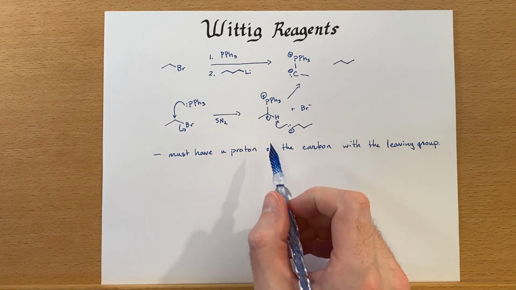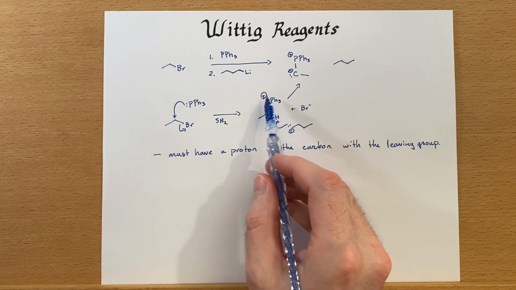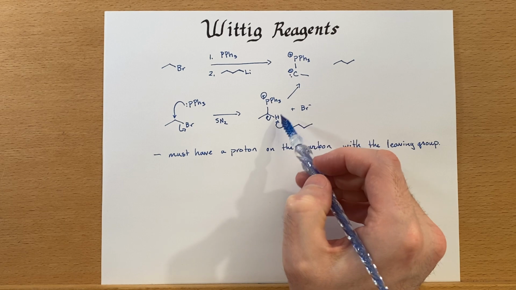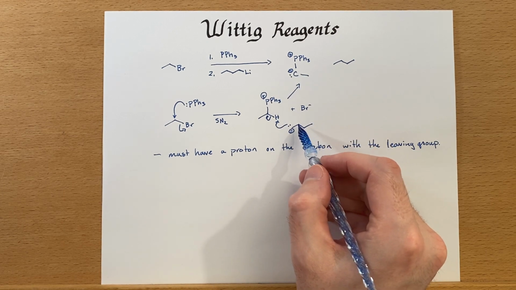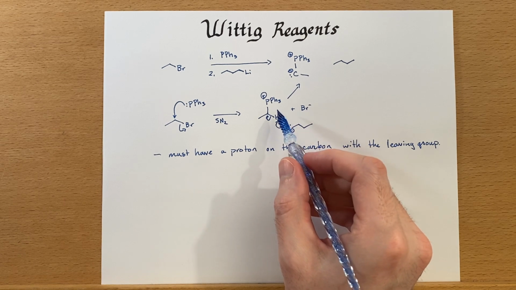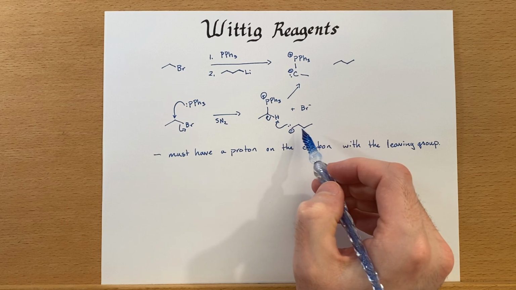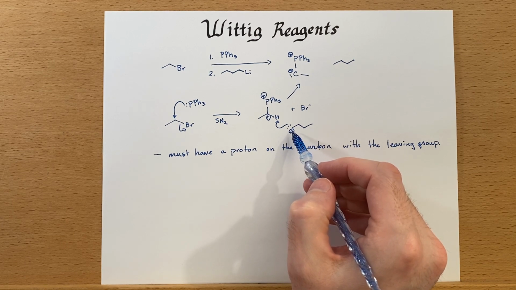Now, the phosphorus does help with the deprotonation because it helps stabilize this carbon species being deprotonated. Butyllithium works really well for this because you're generating something that's more stable than the butyllithium is. I've got a negative charge here that's very exposed and very concentrated.